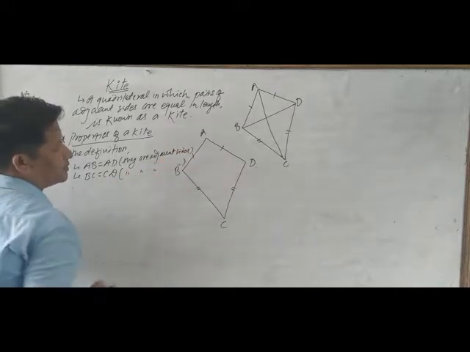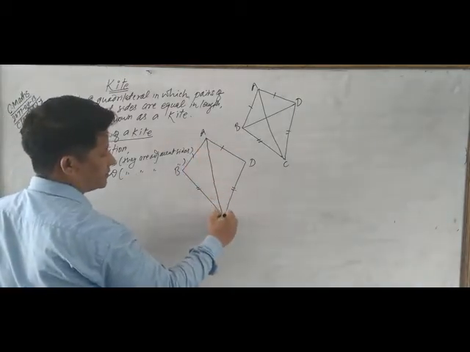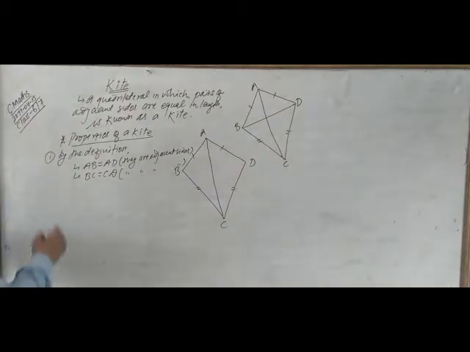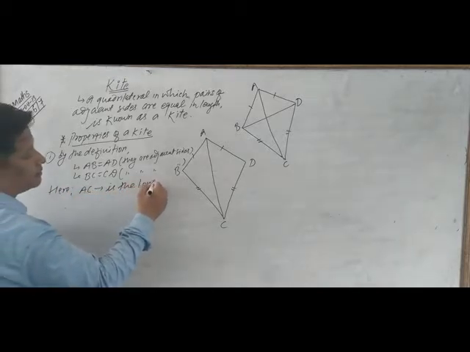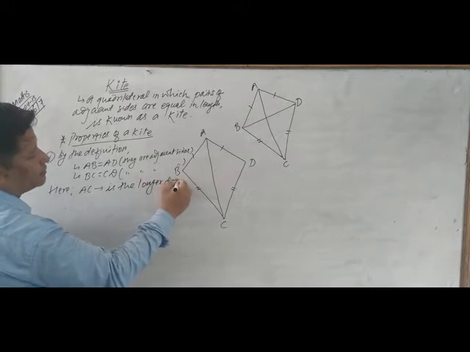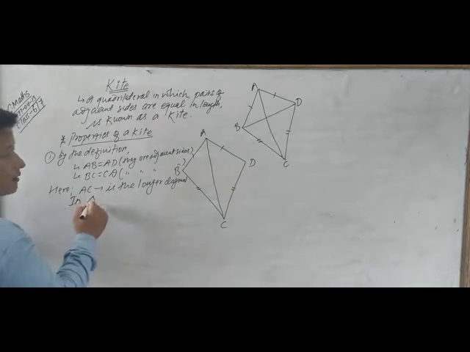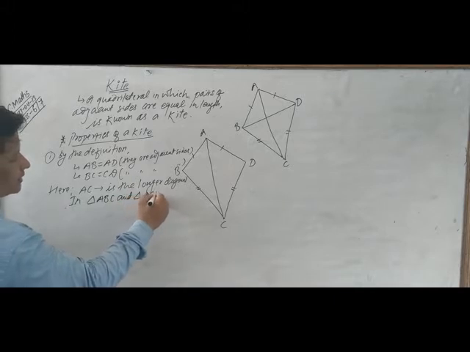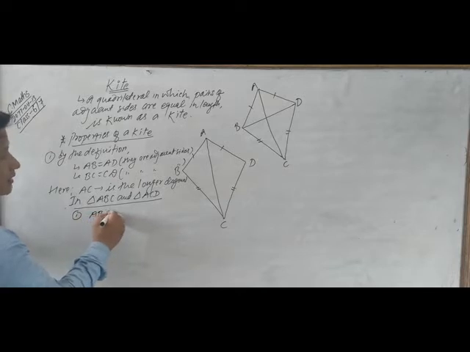Okay, I'm going to take the longer diagonal in the kite. AC is the longer diagonal. So in triangle ABC and triangle ACD, the first one, AB and AD are equal.